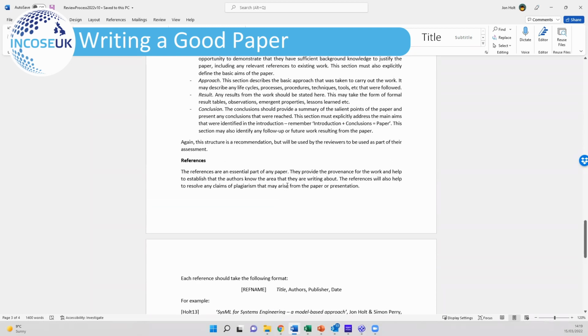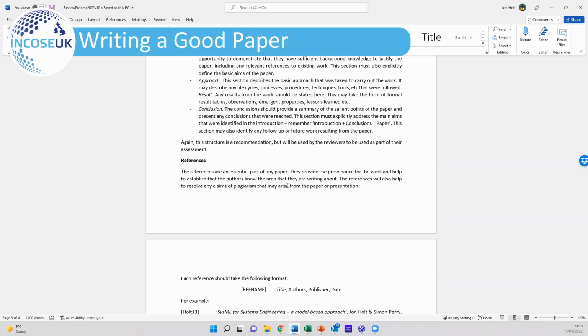The references are very important. You must have references. You must provide a provenance to what you're doing. This serves a number of purposes. First of all, it helps the reviewers to establish that you are aware of the field and you are aware of other work in the field. This establishes you, the author, as having a certain level of expertise in the field, but also it helps us avoid things like plagiarism.